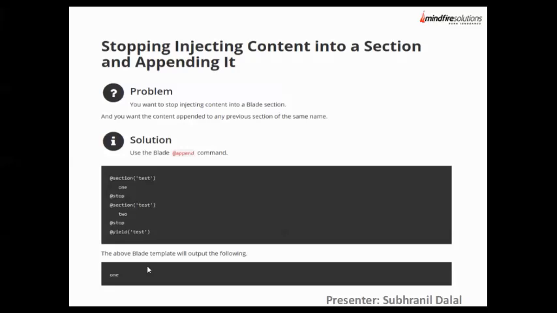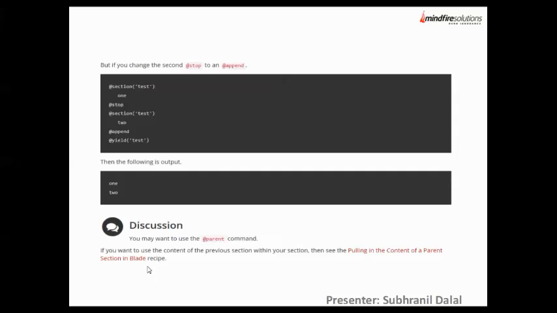But if I want the output to be 1 and 2, I can do it like this. I have a first section test 1, then again section test 2, and I use append instead of stop, and then I yield test. First it will render the first test section, then it will go to the second test and use append, so this content will be appended to the first section with the same name.